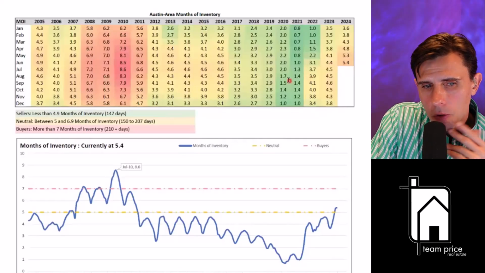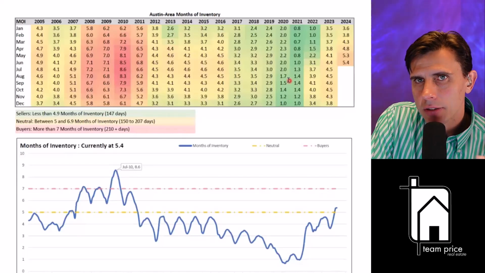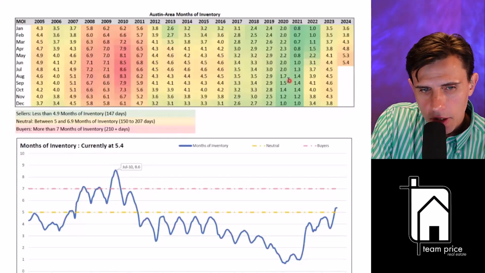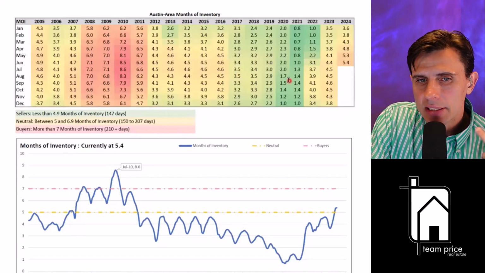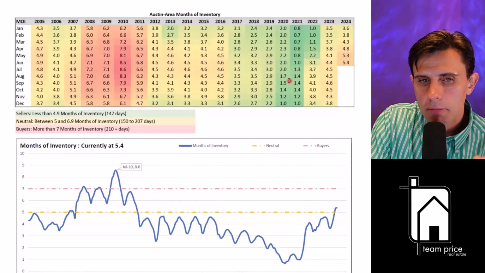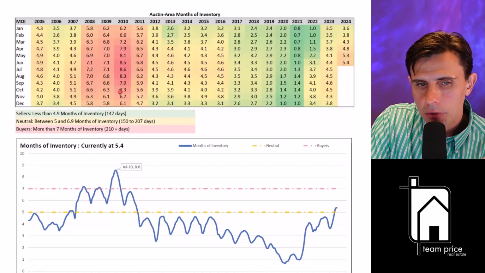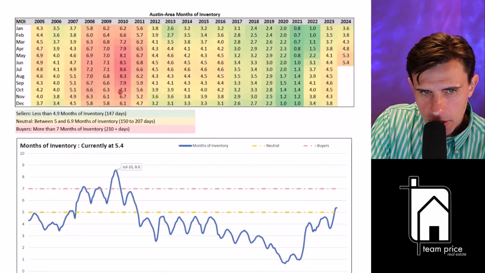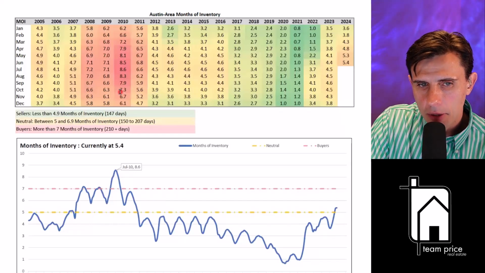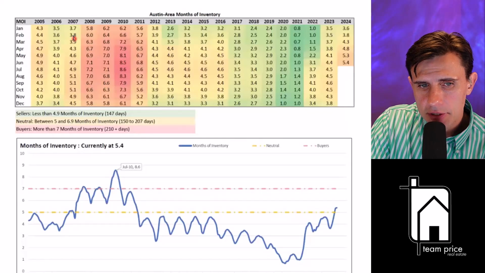We're currently in a neutral market. We don't cross into a buyer's market until we have more than 7 months of inventory. The last time we were in a buyer's market was October of 2010. That was the last time that we were in a buyer's market. Now let's take a look at 2007. We were at 5.1 months of inventory.